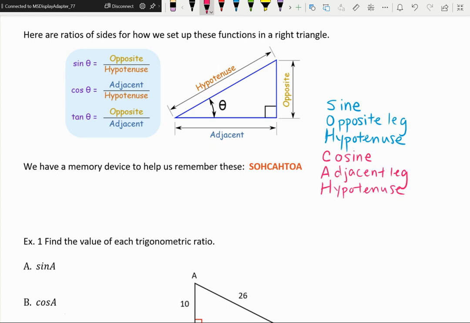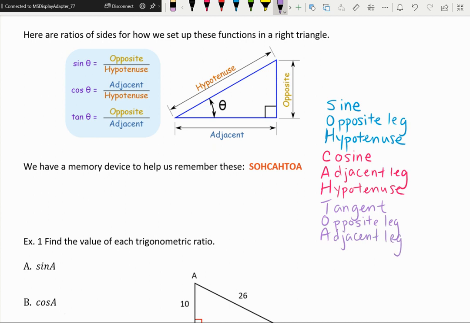And the tangent of an angle, the TOA part, is going to be the tangent of an angle is equal to the opposite leg over the adjacent leg.